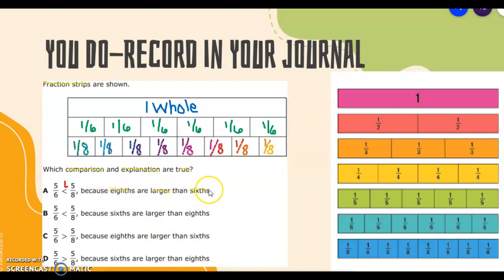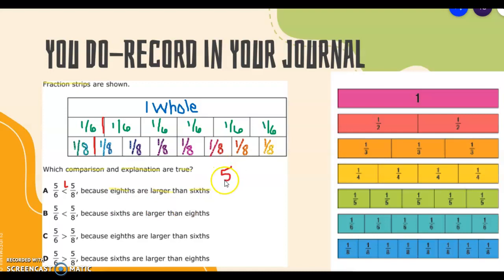Now, if I look at my eights, I can clearly see that my eights are not larger than 6. Okay. And since I know that I'm comparing these two fractions, I can go ahead and write my fraction statement down to help me find my correct answer choice.